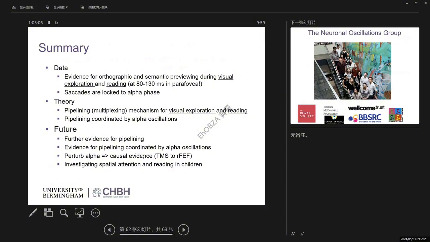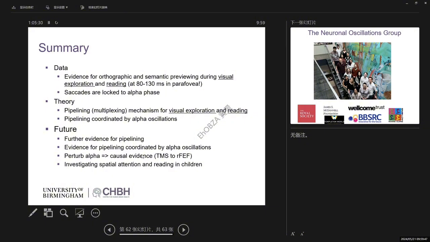We still need to do a lot more work to substantiate this theoretical framework, but that's what we are working towards. So in the future, we hope to find more empirical evidence for this pipelining mechanism. We're also building a more rigorous computational model for this. We would also like to investigate how the oscillations are causally important.